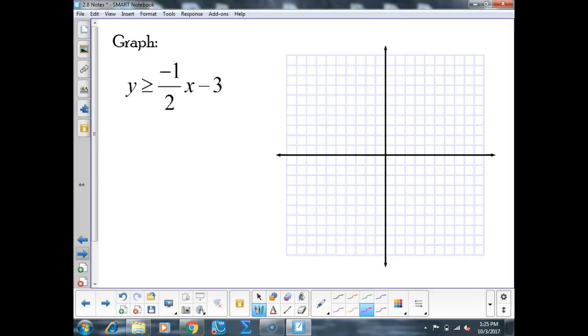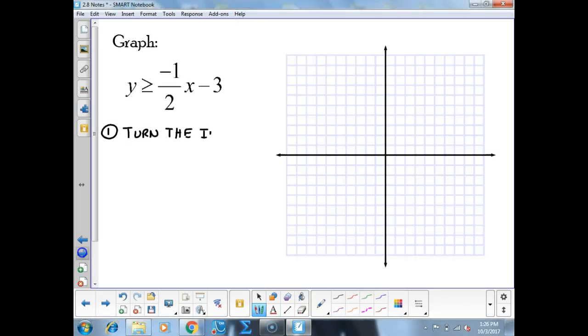So the first thing that we are going to do is turn the inequality into an equal sign. So we're going to make it be an equal sign. We're going to think and graph this as if it were y equals negative 1/2 x minus 3.